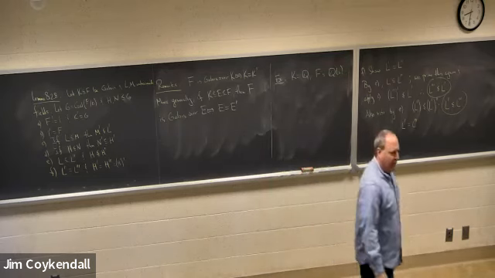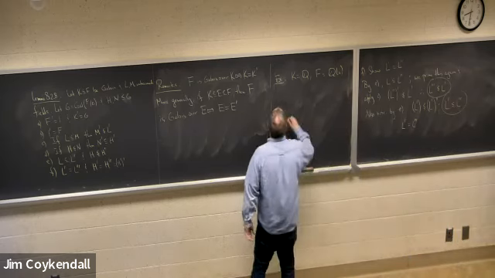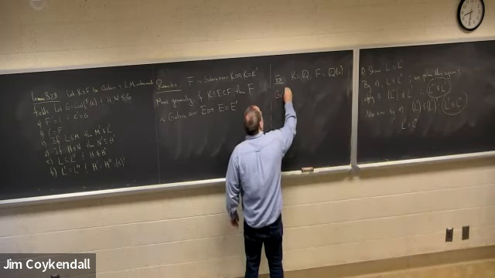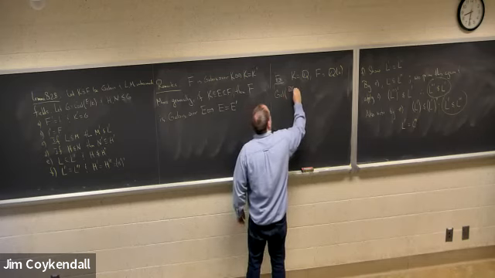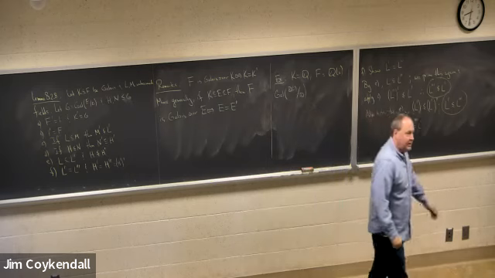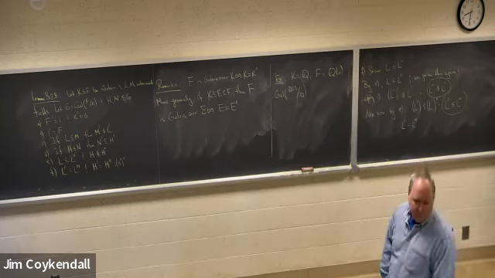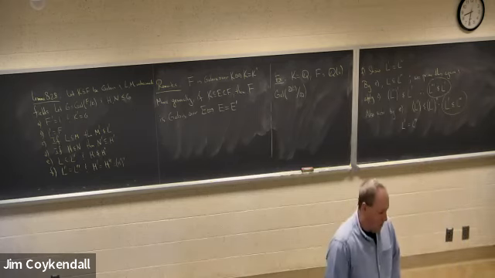This won't be too difficult. This is a quadratic extension. The automorphism group, anybody know what this is? How many automorphisms of Q adjoin i are there that fix Q? There are two.